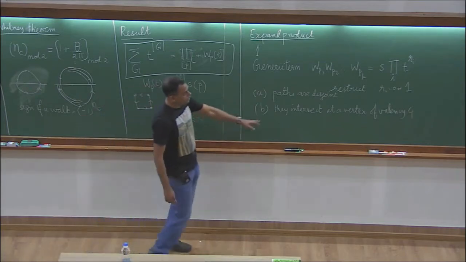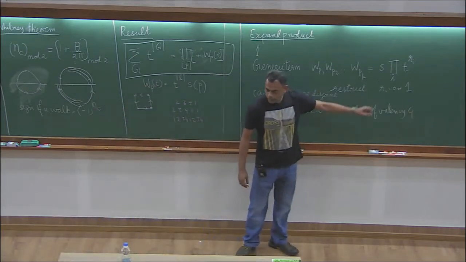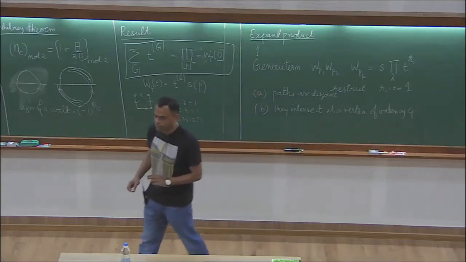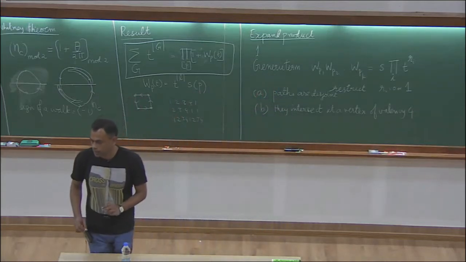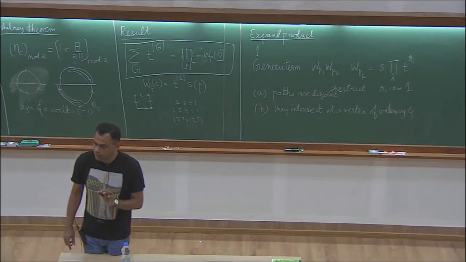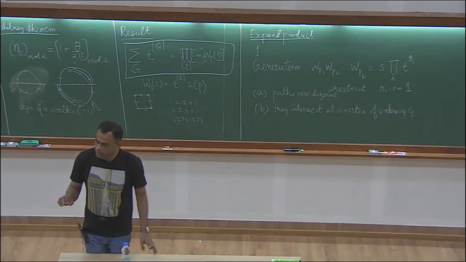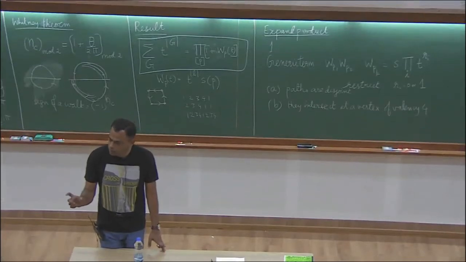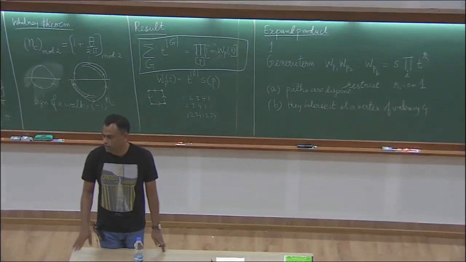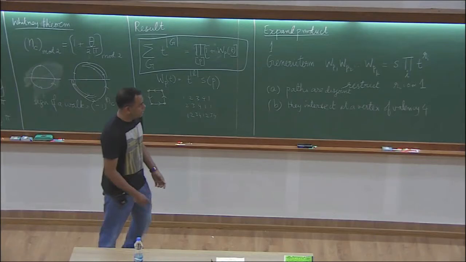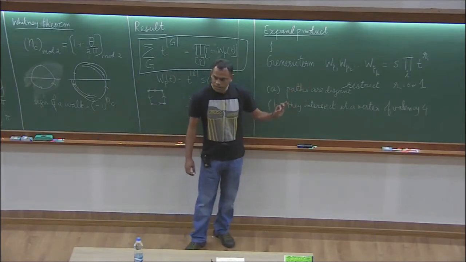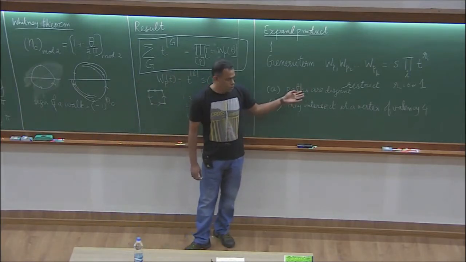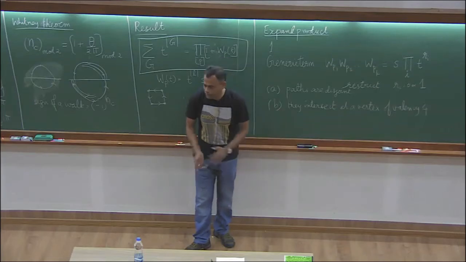So I'm looking at a particular term in the product, and now I'm restricting myself to the product where Ri is either 0 or 1, which means if I look at the paths and look at a particular bond on the lattice, then that bond is traveled by the random walk either 0 times or 1 time. So I ask, if I restrict myself to those walks, what do the paths look like?